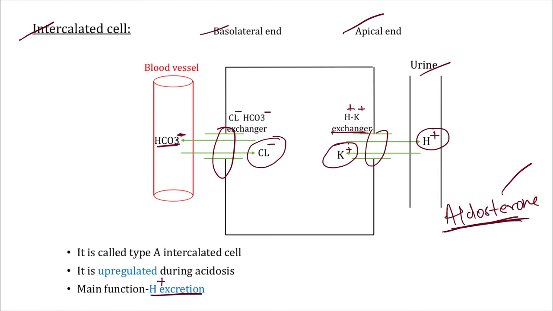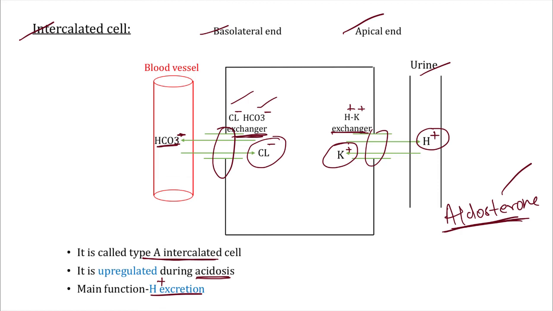So what is the name of this channel, sir? This is the bicarbonate chloride exchanger. Very important to note, sir. This type of upregulation of protein channels takes place only in certain situations, in certain conditions like acidosis. That's why these intercalated cells are also known as type A intercalated cells.